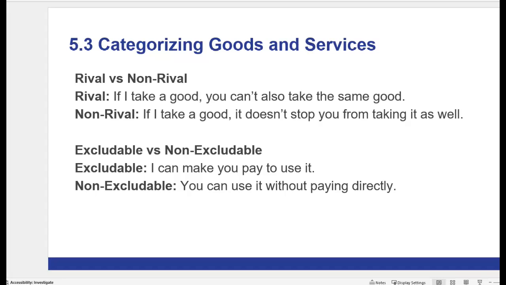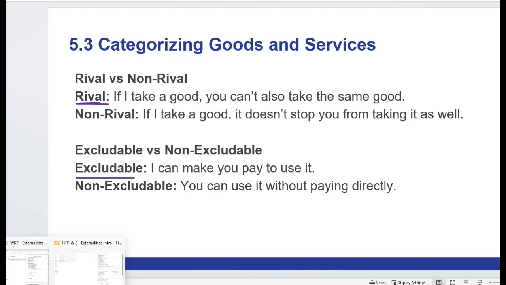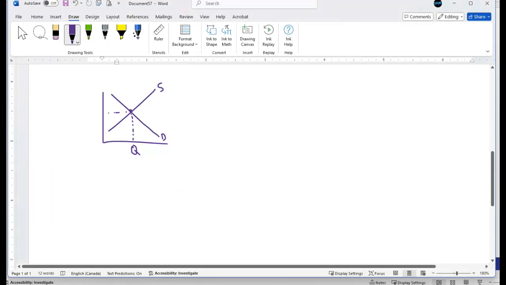The questions are whether the good or service is rival, which means do we compete for it, and whether it is excludable, which means can we prevent people from accessing it, or can we make people pay for it? Depending on how we answer these questions, we will get different categories of goods, and we'll see how it's not actually possible to allocate all goods using our private market.